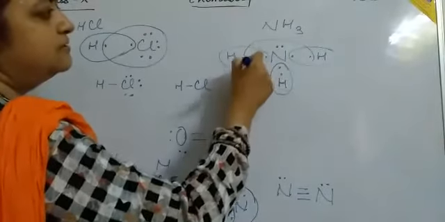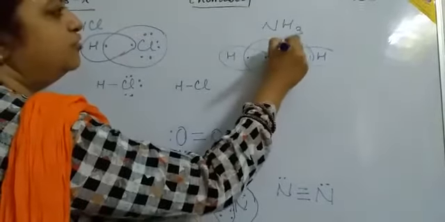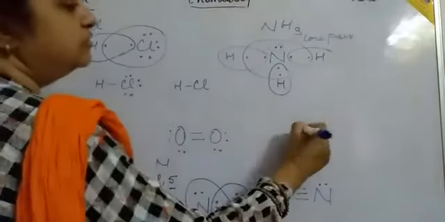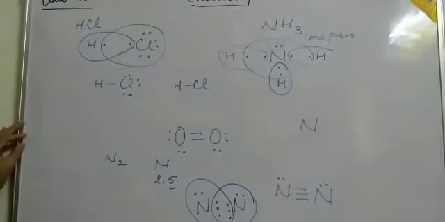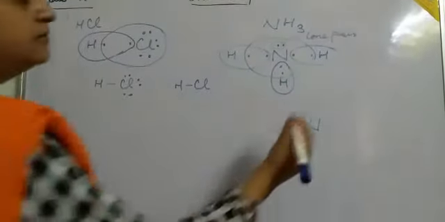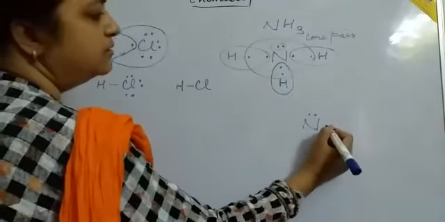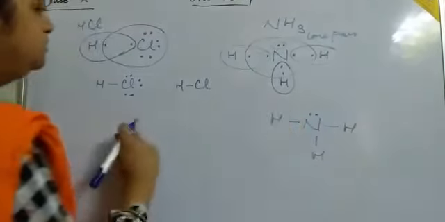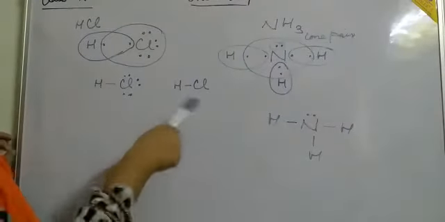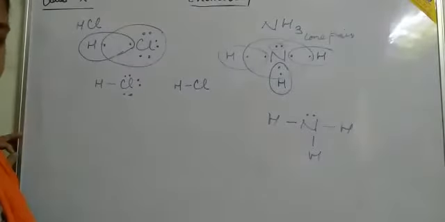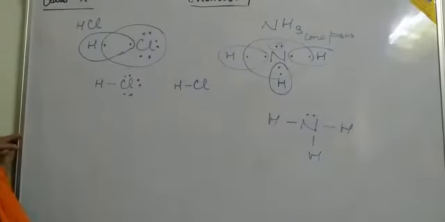This is the lone pair of electrons present in ammonia. So the structure is like this, with a lone pair on nitrogen. In these two cases, all bonds formed are single bonds. The bond formed here is also a single covalent bond.